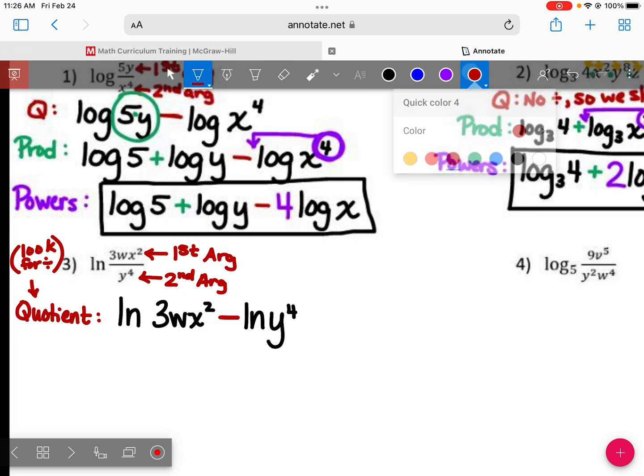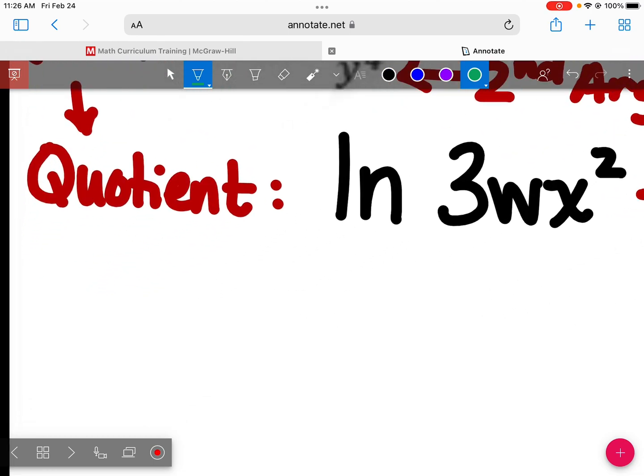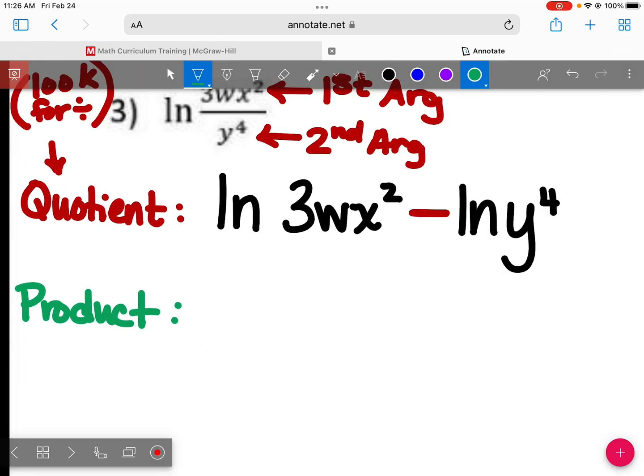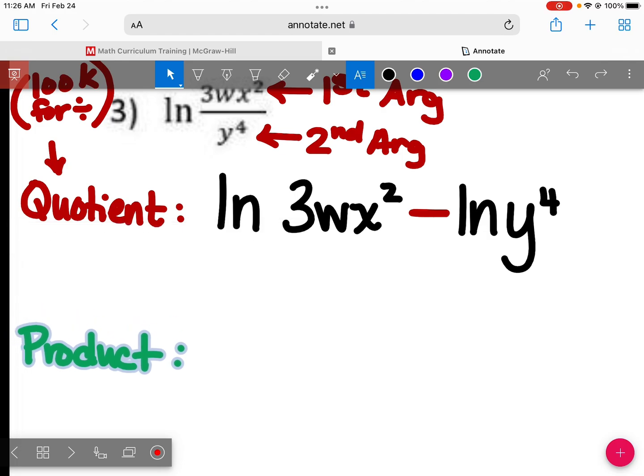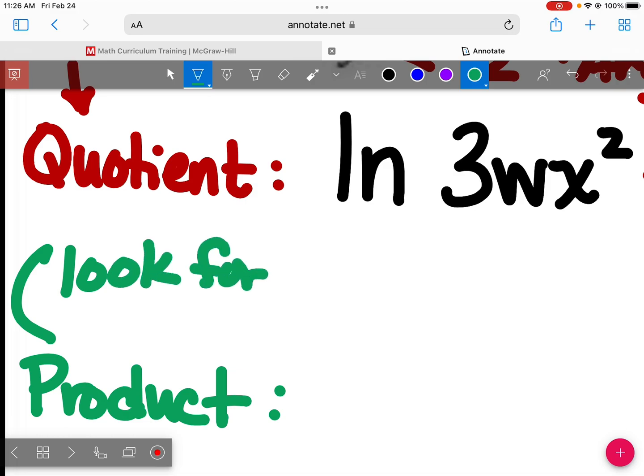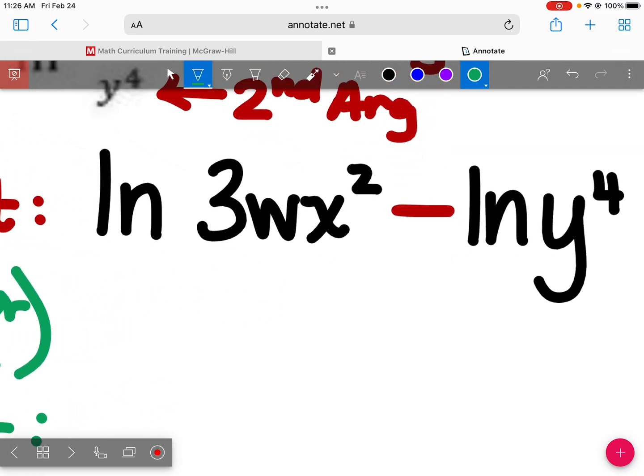Which one do we go looking for next? Product. What should I be looking for if I'm going to use the product property? Multiplication, yes. So look for multiplication in my arguments.